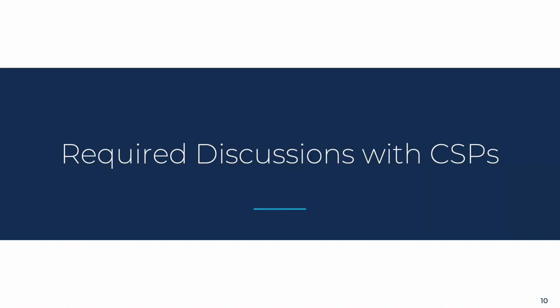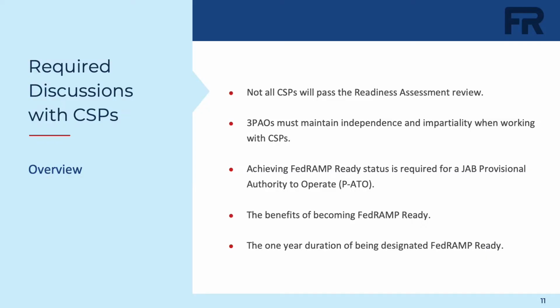In this next section, we'll take a look at the required discussions that take place between a cloud service provider and their third-party assessment organizations. Before beginning the RAR process, the CSP should be abundantly clear regarding the following. Not all CSPs will pass the Readiness Assessment Review. 3PAOs must maintain independence and impartiality when working with CSPs.